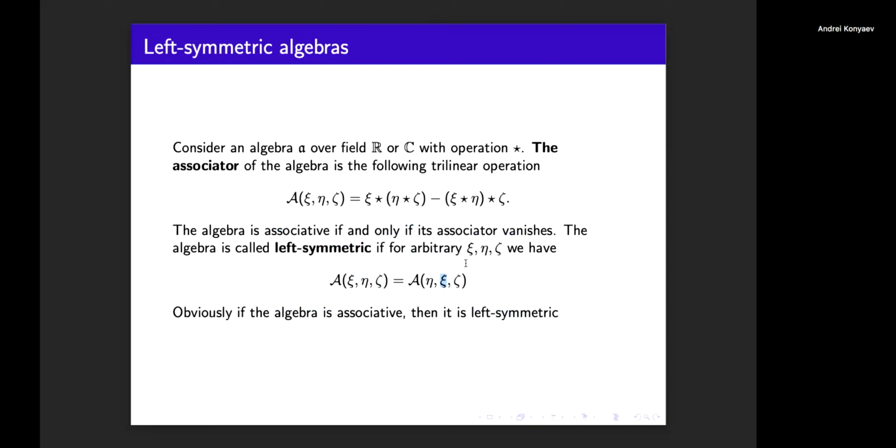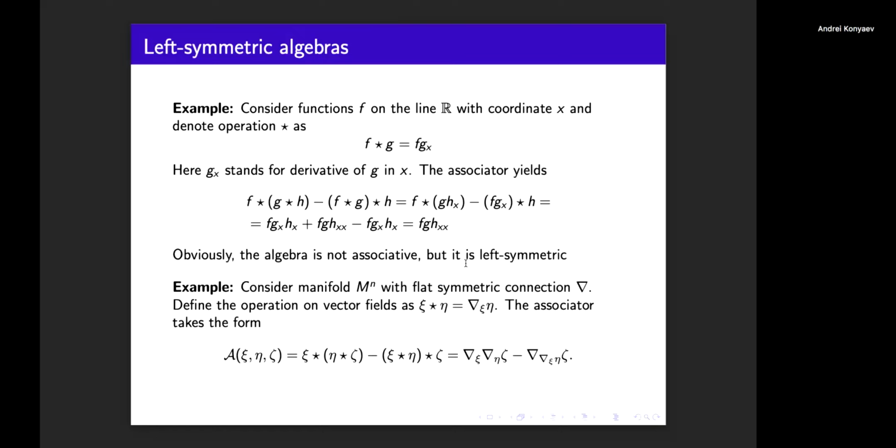Okay. Here are some examples. Later we will deal with finite dimensional left symmetric algebras, and they naturally appear in many different contexts. For example, they appear in the study of homogeneous cones.